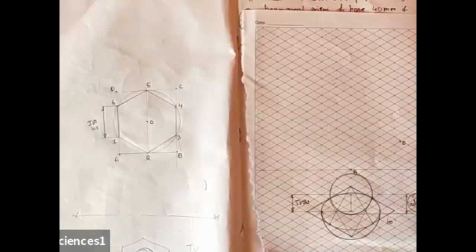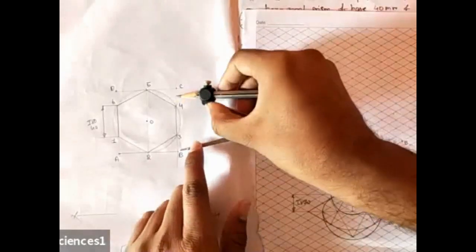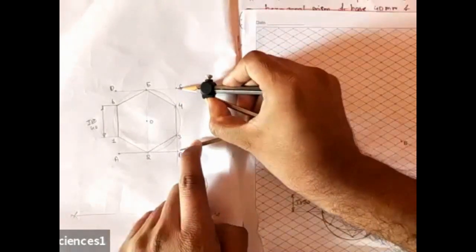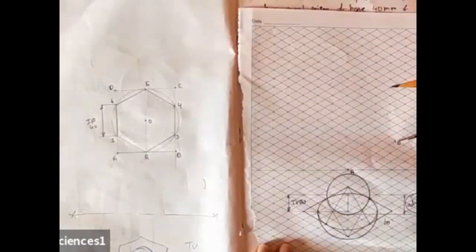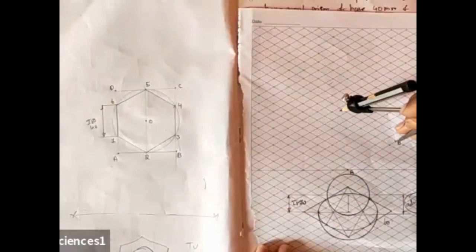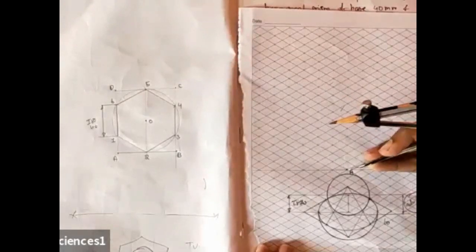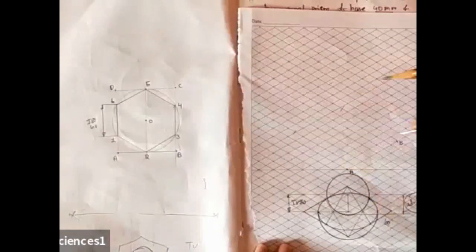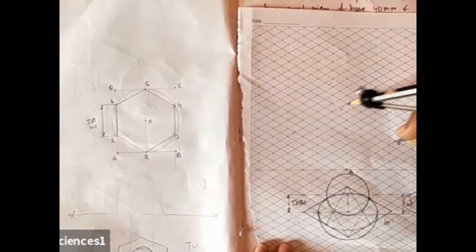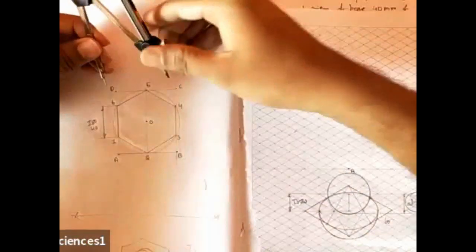Again, from point B to C, measure this length and cut an arc. Again from point A to D; these both lengths will be the same.